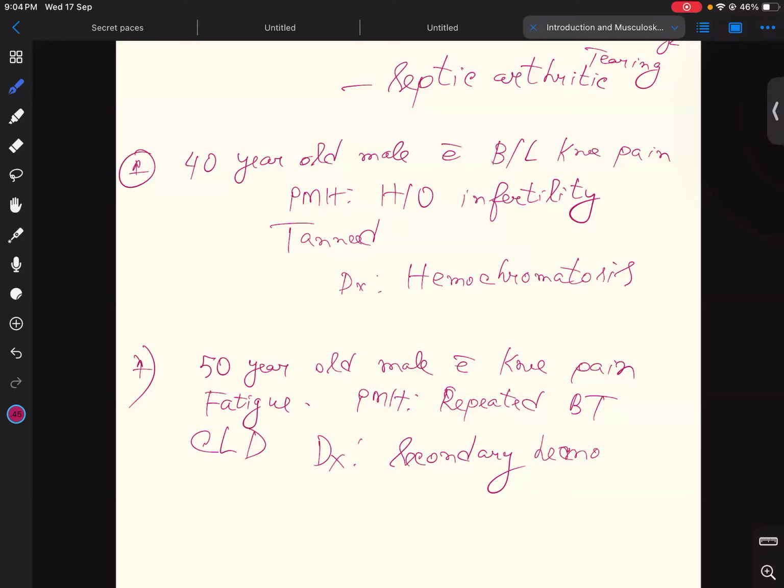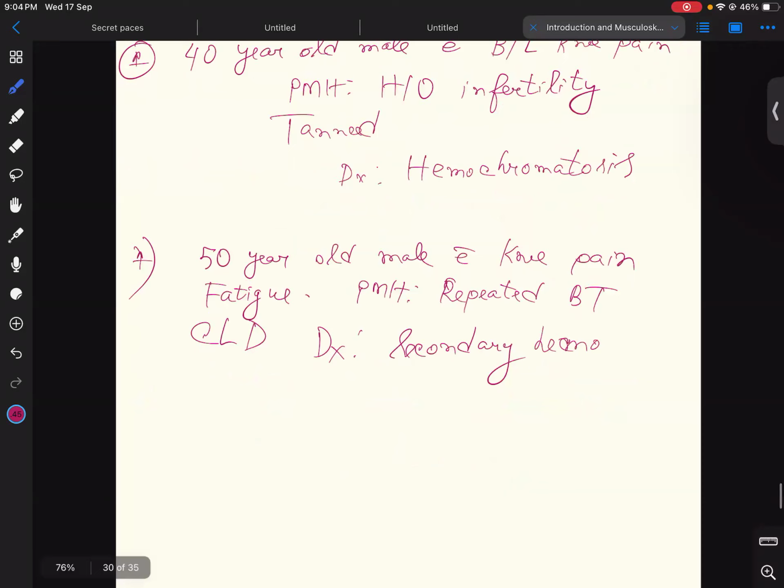So whenever anyone has a bleeding problem and repeated episodes of blood transfusion, and after entering the station you see the stigmata of CLD, like the hepatic facies, enlarged tummy, and tanning of skin, and also the knee pain, this is due to secondary hemochromatosis. Is it clear to everyone? Another case, a 65-year-old female with knee pain.